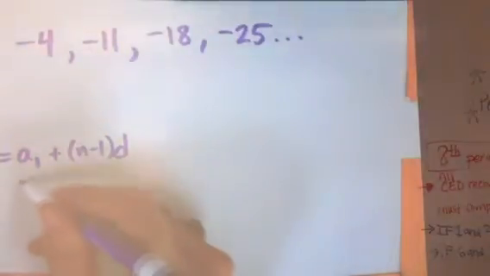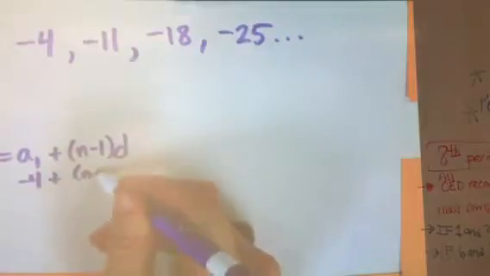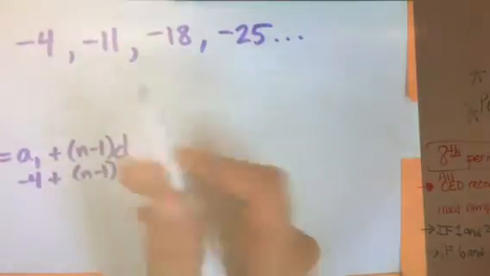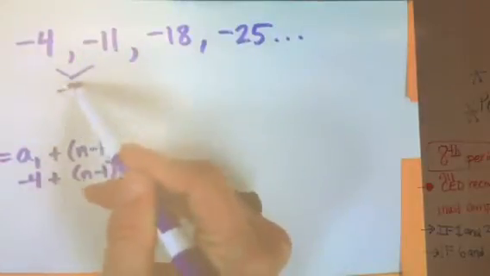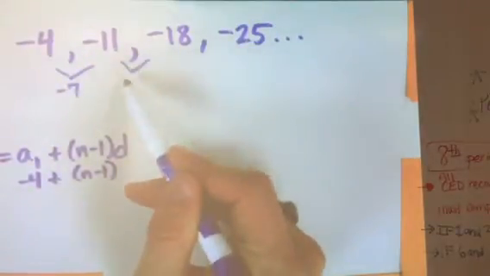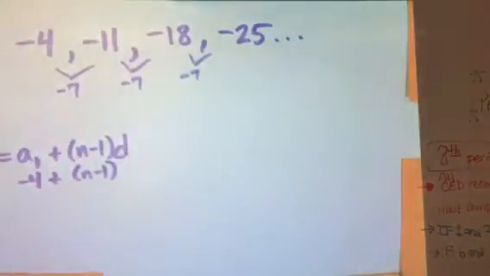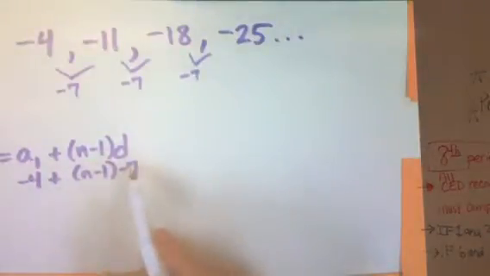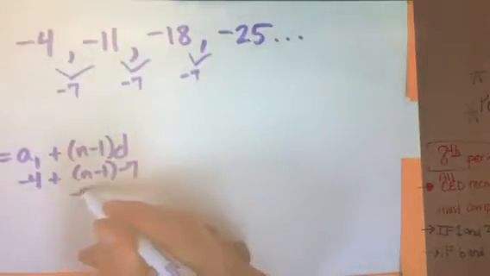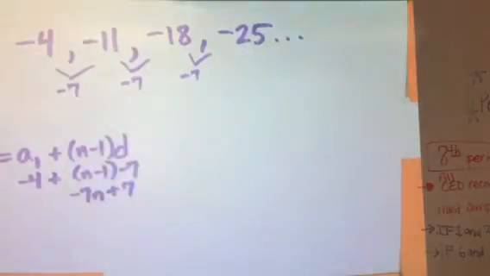The first term is -4 plus n minus 1 times, the common difference is -7 because we are subtracting 7 each time. So I would use -7, I would distribute: -7n, -7 times -1, +7.